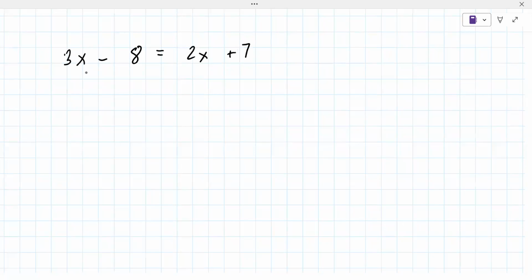All right, so go ahead and solve this for me, please. This is a new problem. That's 1x right there.